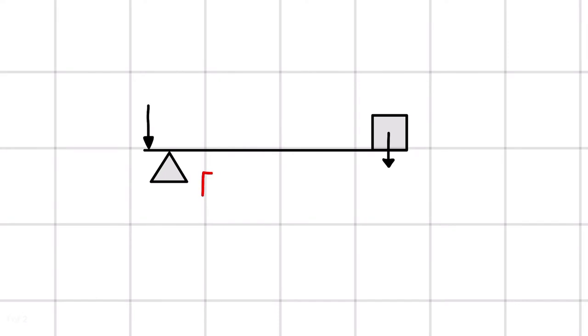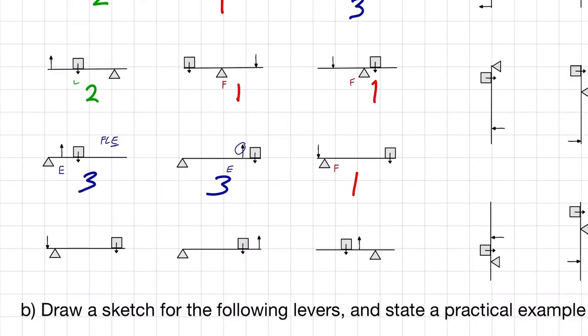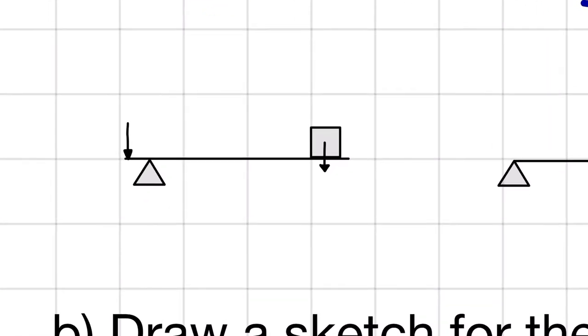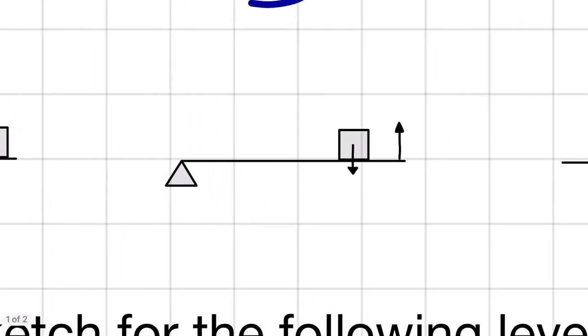Next one, fulcrum, tells us first class lever. Next is, once again, the fulcrum in the middle. This is a first class lever. What's this? So this is the load. The load is in the middle.